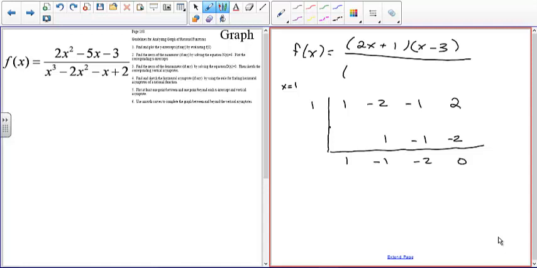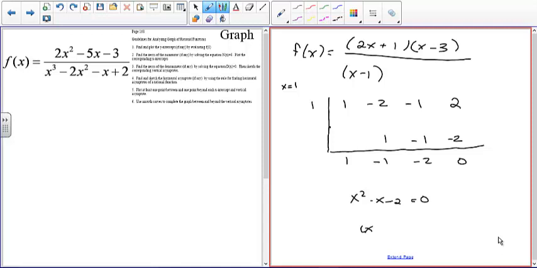So we know that one of the factors is x minus 1. That gives us a 0 of x equals 1. And then we're left with this quadratic. So we have x squared minus x minus 2, and that also has to equal 0.